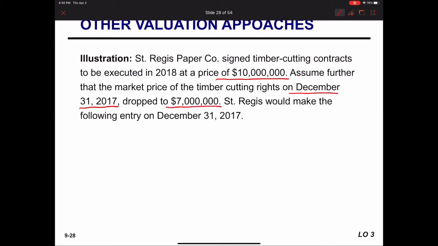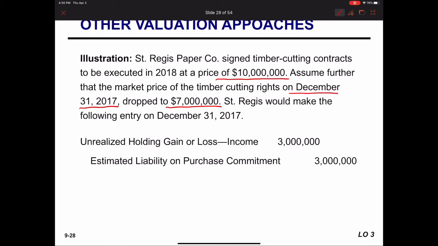So the buyer should make this journal entry: debit unrealized holding loss $3 million, and credit estimated liability on purchase commitment $3 million. Even though no transaction has been executed, the buyer has to recognize the unrealized holding gains or losses and the liability.